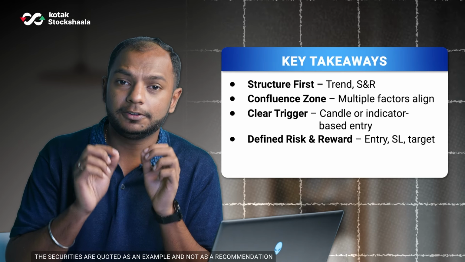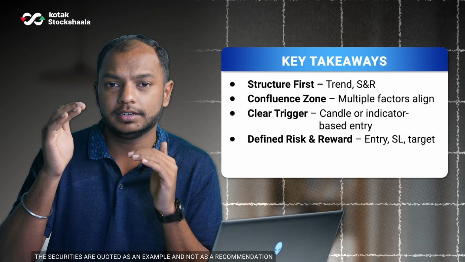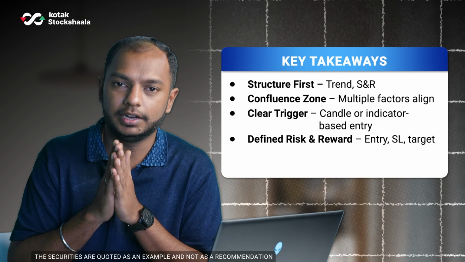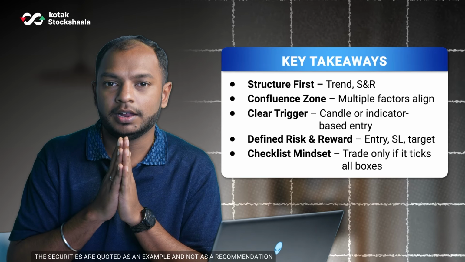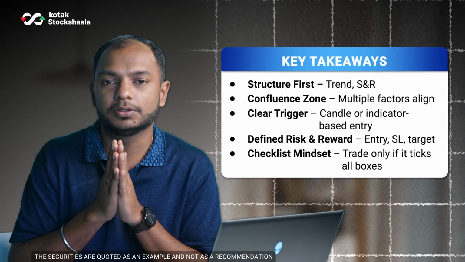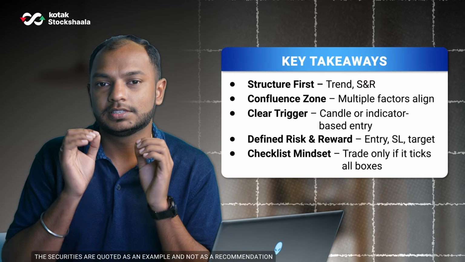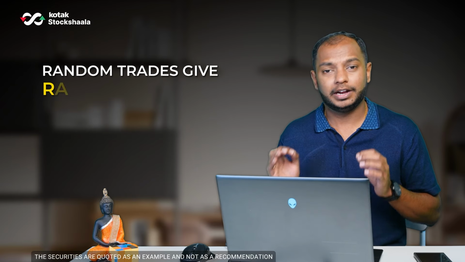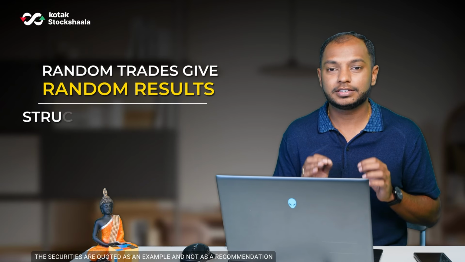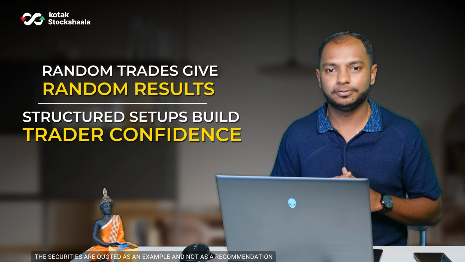Fourth, you need to define your entry, exit and stop loss even before you enter the trade. And fifth, check whether your risk to reward and all the other factors align so that you can decide if it's worth taking the trade or not. Random trades give random results, but structured setups give the trader confidence.